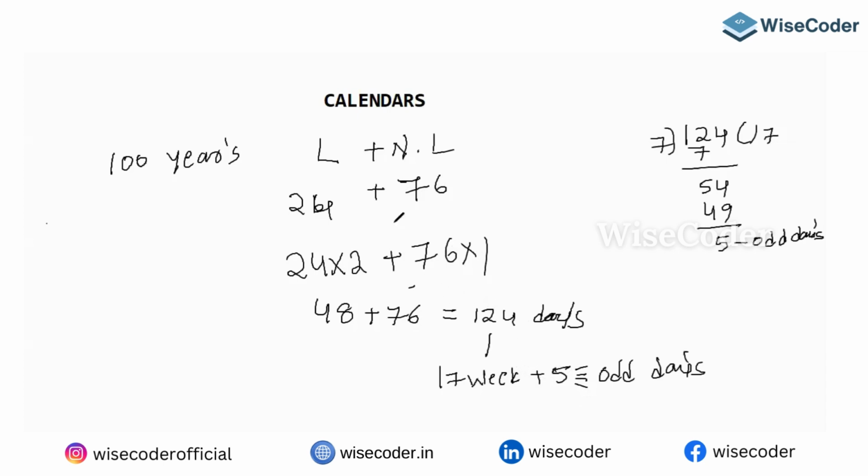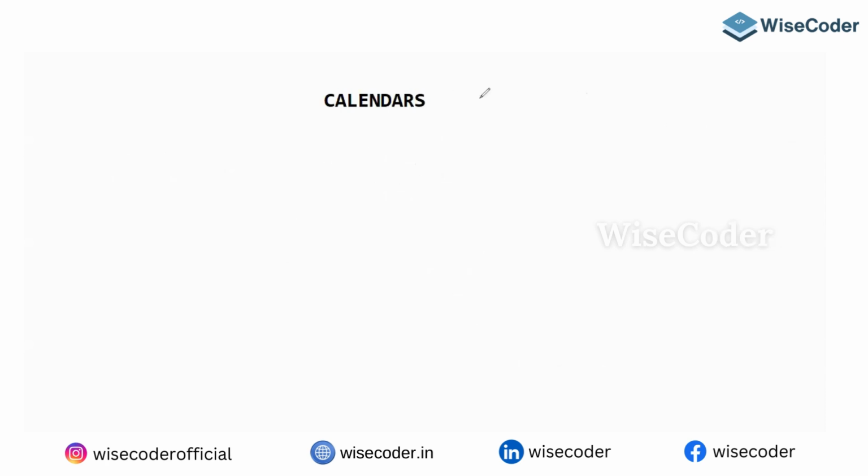I hope this is done. Now, the number of odd days for years. If you closely observe, 100 years will have 5 odd days.